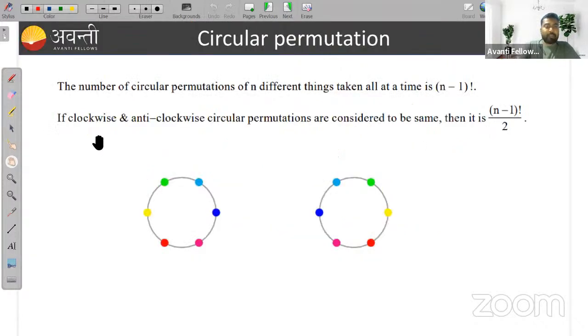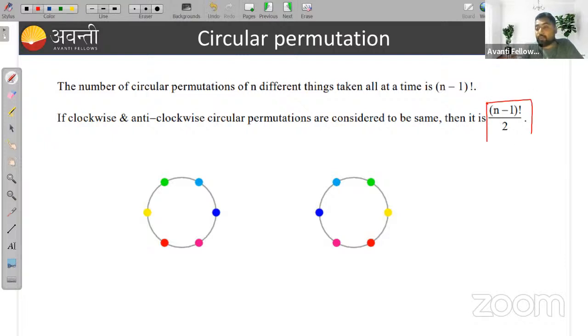But in case of garland or beads, suppose you have 6 beads and you have to place these 6 beads in a bracelet. What should be the number of arrangements?